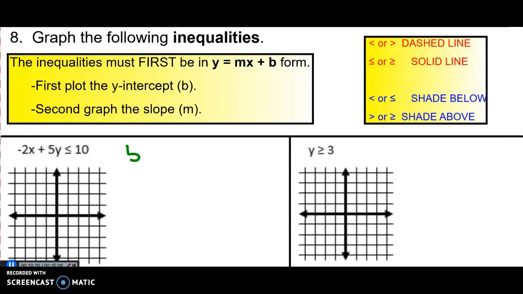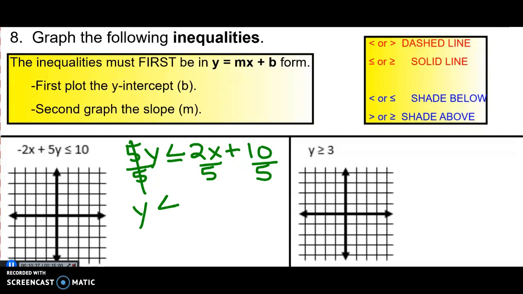So we have 5y is less than or equal to positive 2x plus 10. Now we still need to divide each of our terms by a 5. So we can cancel those two 5s. Now we're left with 2 over 5x plus 10 divided by 5 is 2.